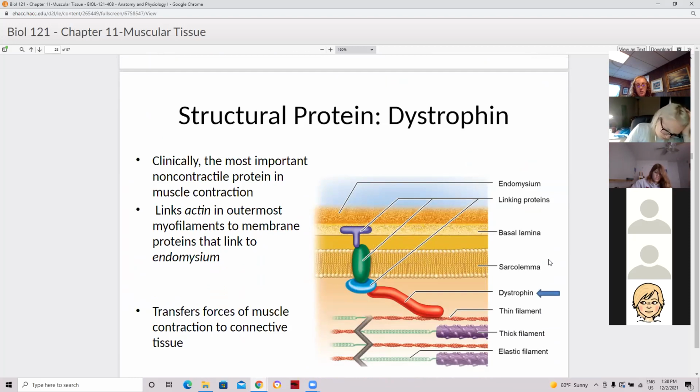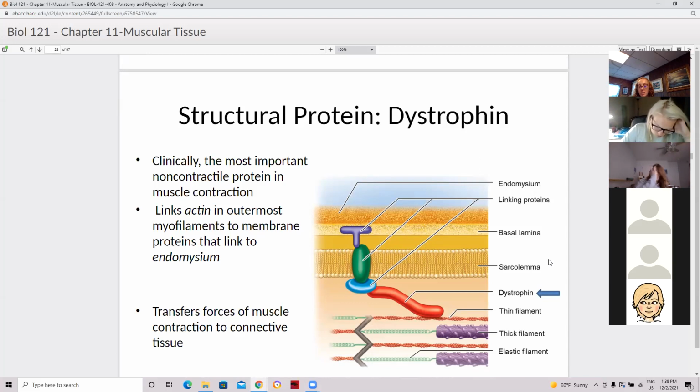Another structural protein, which if you've ever met someone with muscular dystrophy, you understand the significance of this protein. Clinically, it's the most important non-contractile protein of muscle contraction.